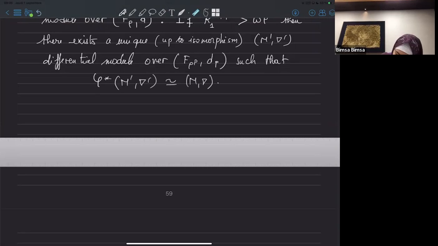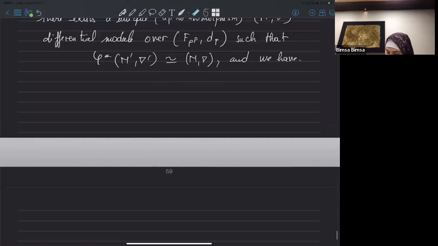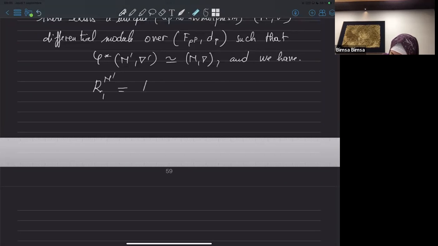And in that case, we have the spectral radius of M prime. The smallest one is equal to that of M to the power p.